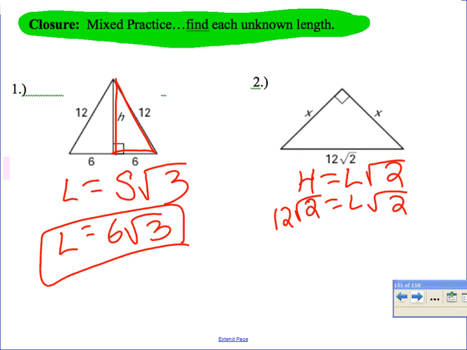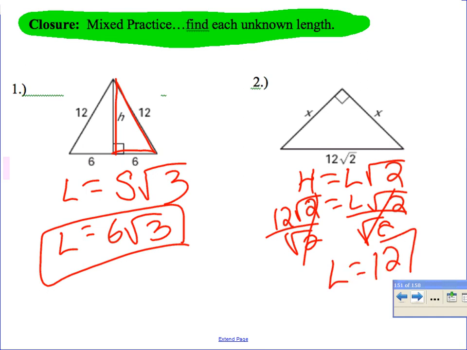So Nathan S., what did you get for your answer? Good. Divide both sides by square root of 2. Those cancel. So you get leg equals 12, which is x. Neil? That's fine. Yep, that's fine.